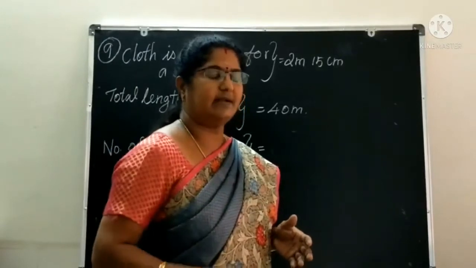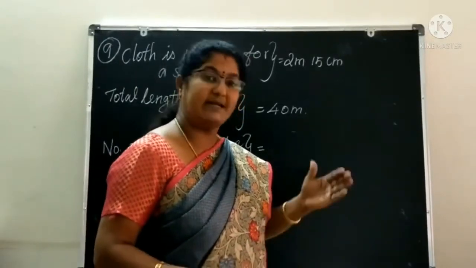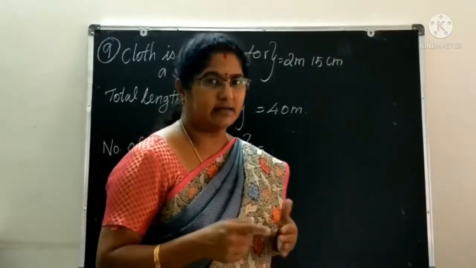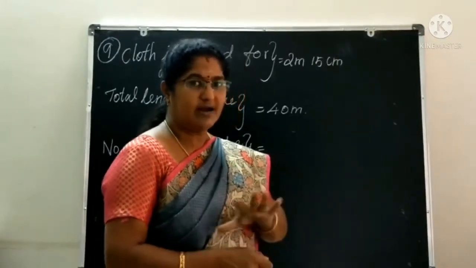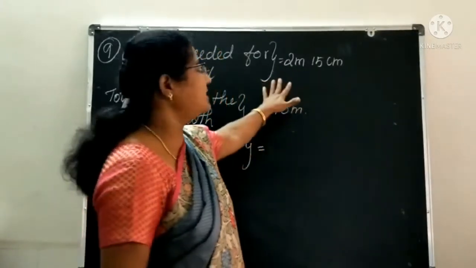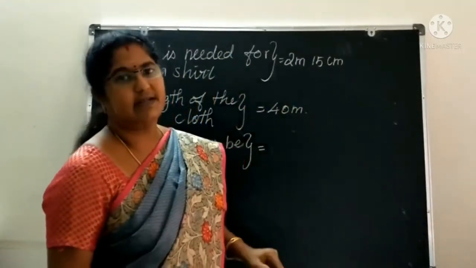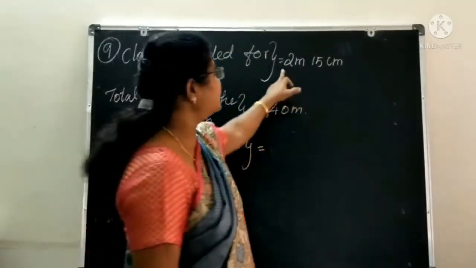This you can learn later, in the decimal chapter. In that chapter, I will teach you clearly. So, we have to write in a whole number way. So, we convert into the smaller unit, that is centimeter.